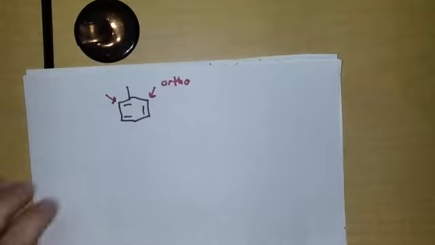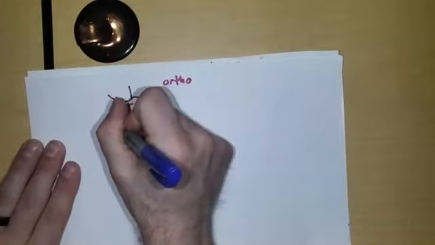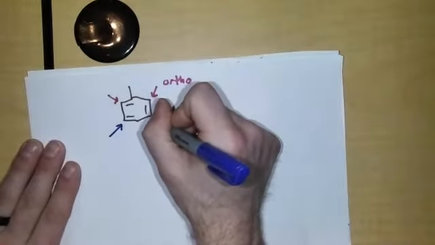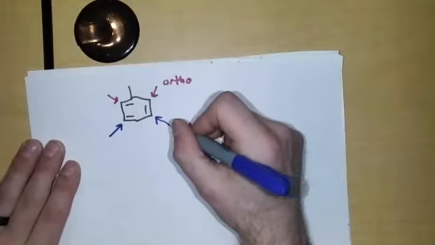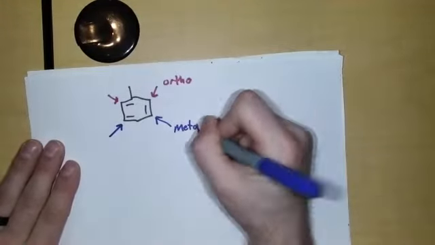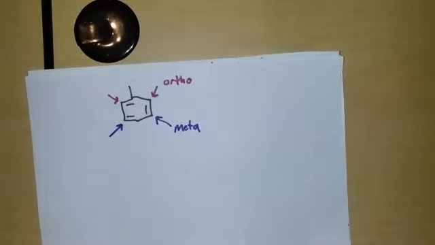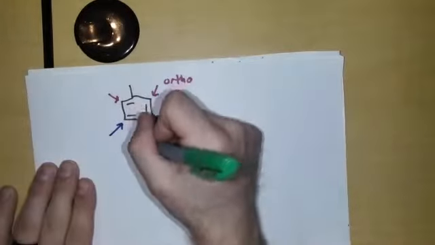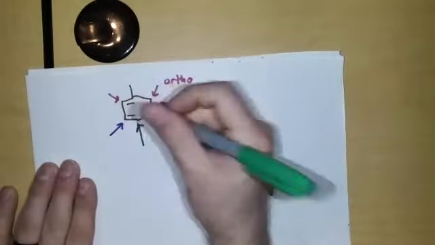We have the position that's 2 carbons away. Again, we'll have 2 of them. This is called the meta position. And our last position is going to be the one that's opposite to our toluene group. And that's going to be called our para position.